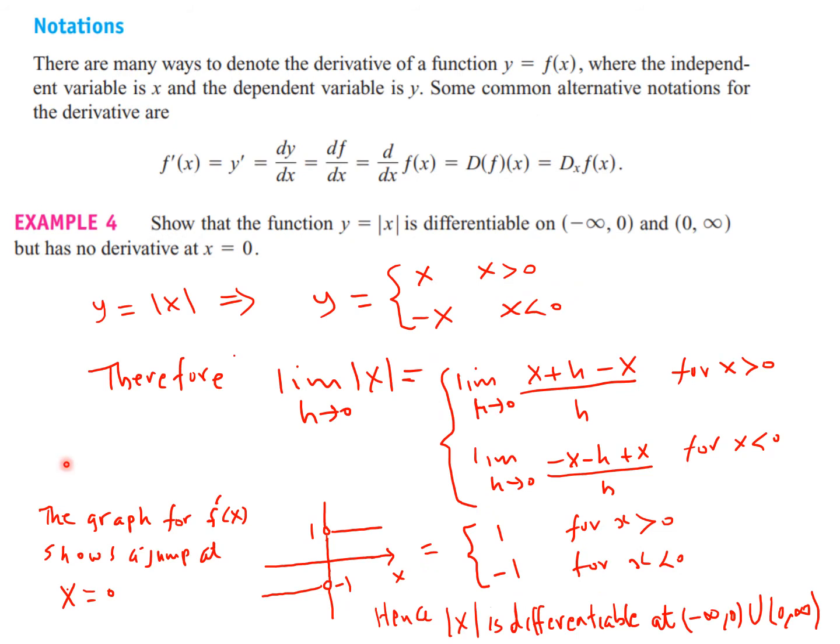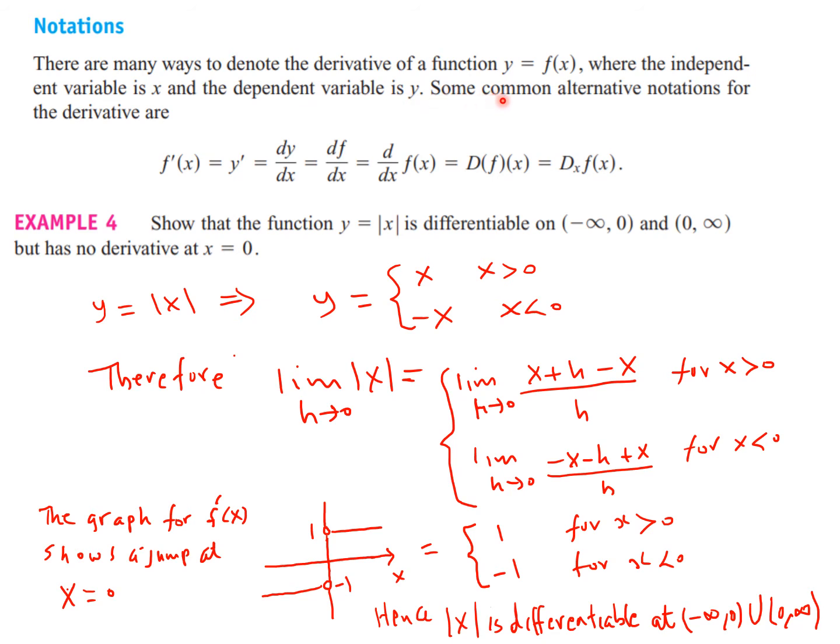Now we have a few notations to bring to your attention. There are many ways to denote the derivative of a function y equal to f of x, where the independent variable is x and the dependent variable is y.